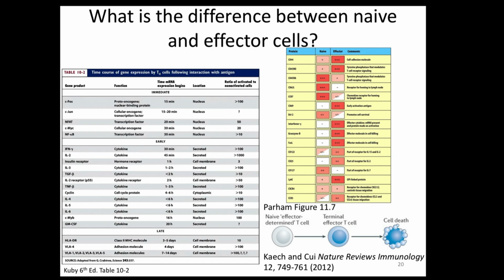They've changed what kind of trafficking proteins are on their surface. So in fact, that's on here. There are some chemokine receptors and changes on their surface, changes in things like interferon gamma production or granzyme B production. Here are some more trafficking proteins, here are some other types of proteins. So it's a big change in the effector cell.